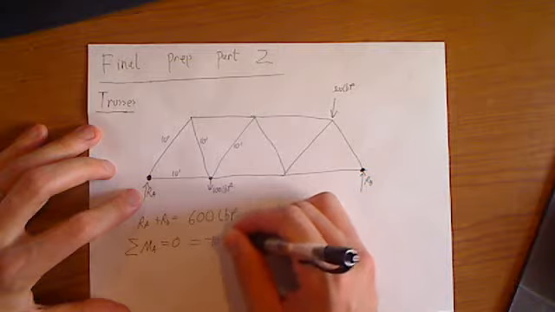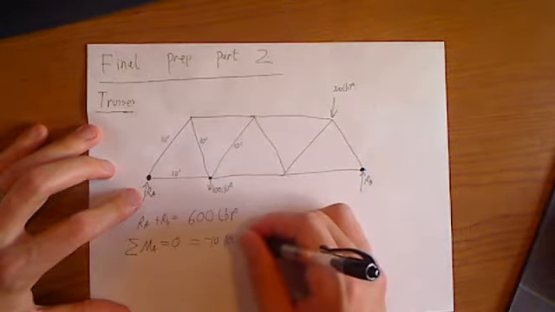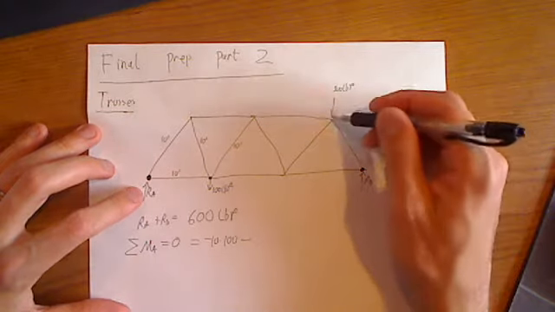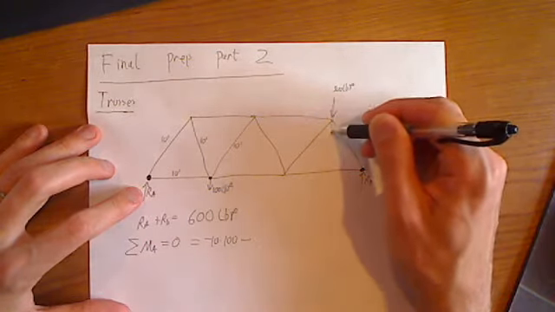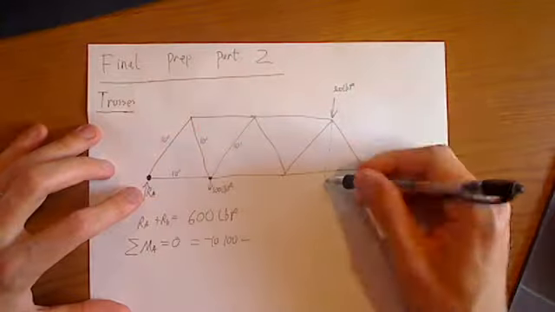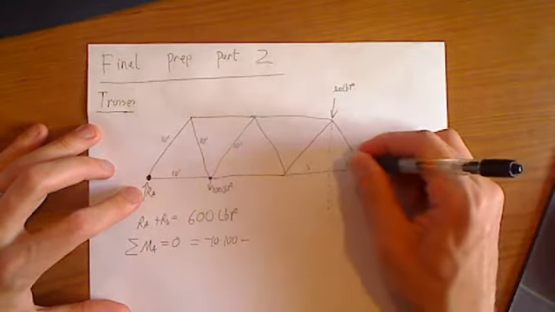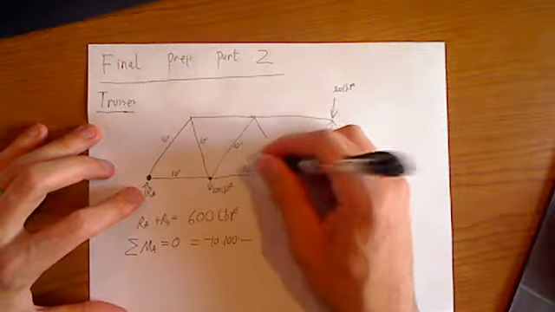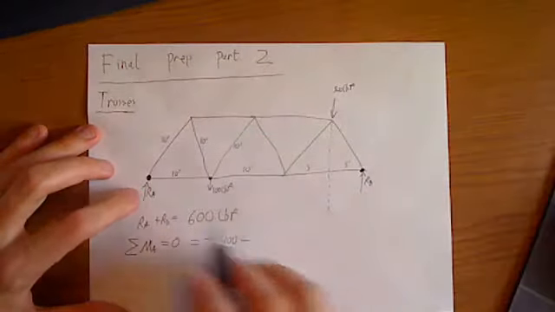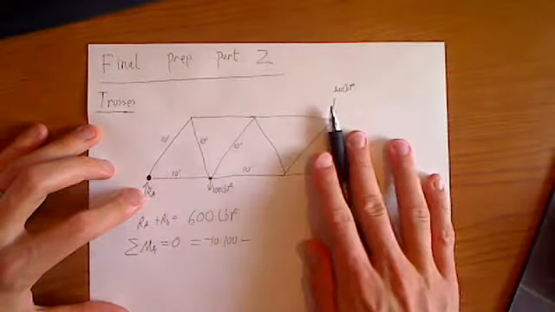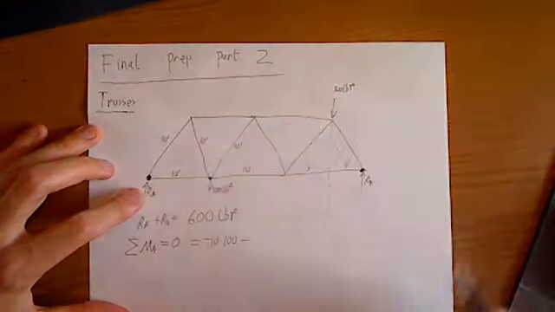Minus 10 times 100. Minus, see, we have 500 pounds here. If we look at the line of action, we draw this little dotted line, see where it goes. So this is going to be 5 feet, this will be 5 feet, that'll be 10 feet. So that's 25 feet away, the line of action for this 500 pound force.